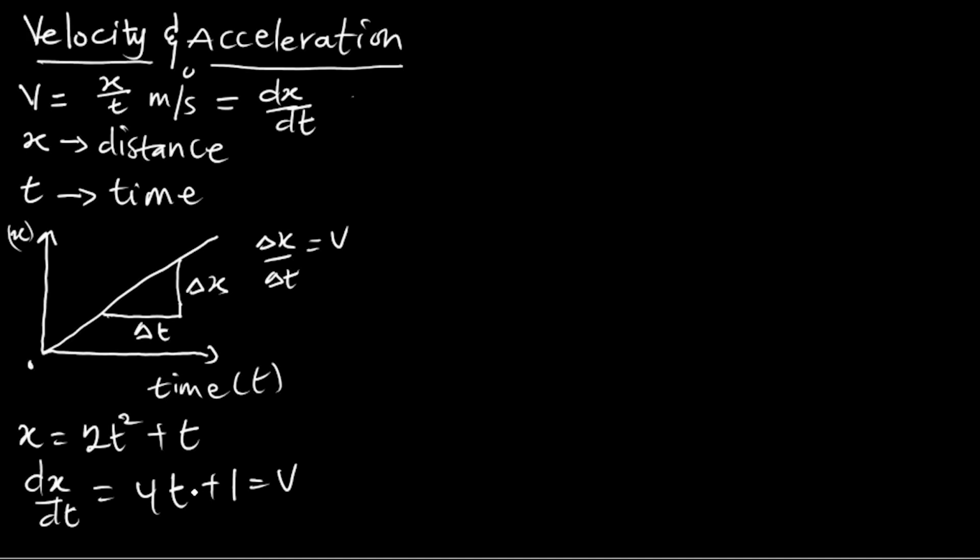Are we okay? The same thing happens to our acceleration. So now we know that velocity is the dx over dt of a given distance equation. What of acceleration? Acceleration is giving us the dv/dt.